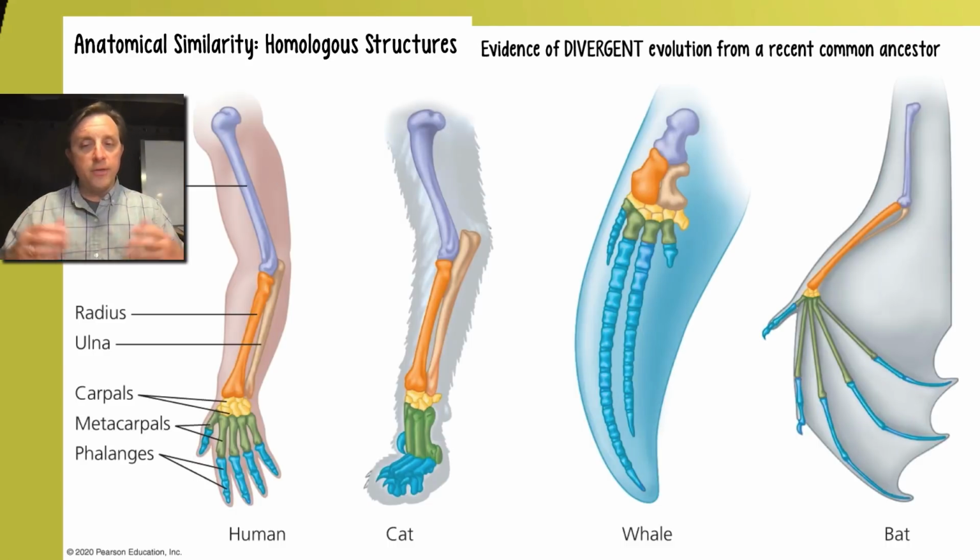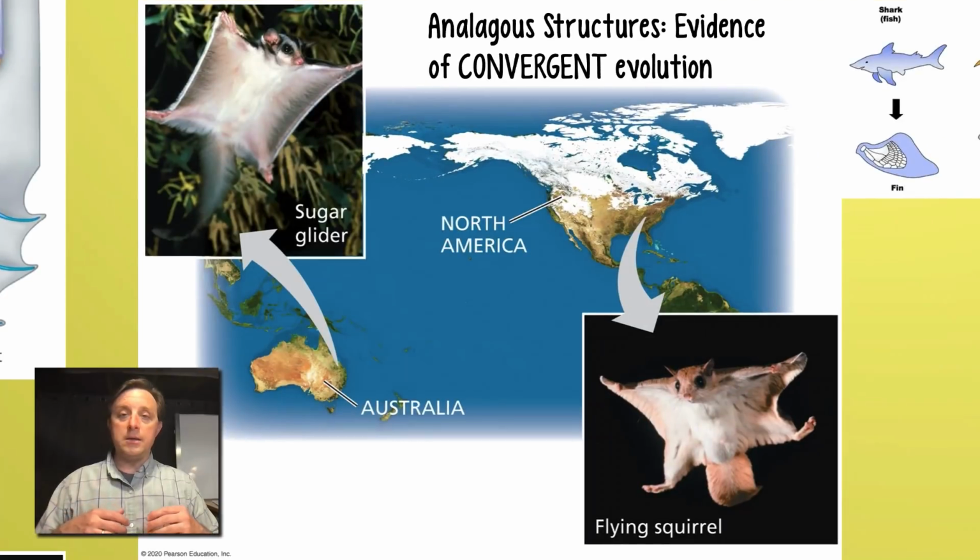Okay, there's another type of anatomical similarity that we may see, and that is called analogous structures. This is when organisms that are not really closely related to each other still show very, very similar anatomical features, and mainly this is because they are in very similar environments, facing the same evolutionary pressures.